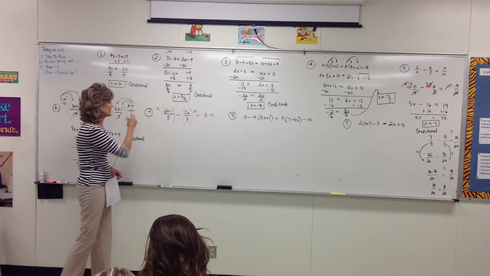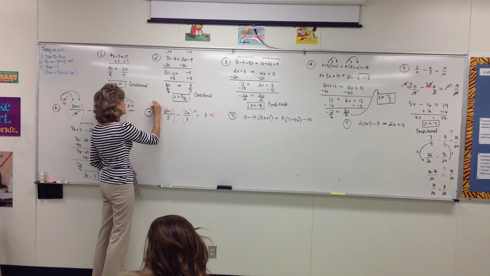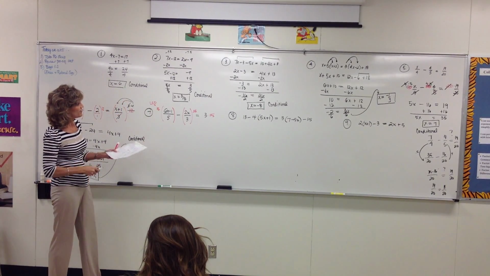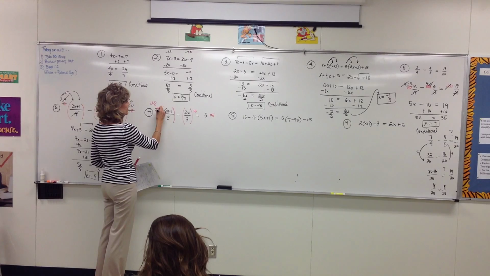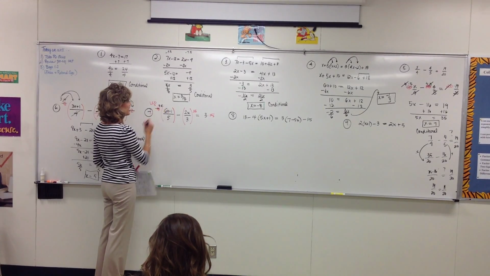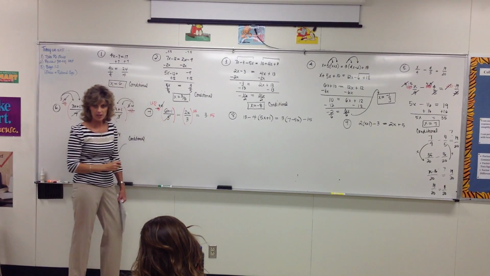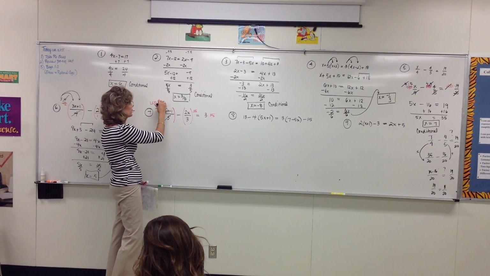I'm multiplying by the least common denominator. But instead of thinking of this as 15, I'm going to think of it as 3 times 5. Because now I have 5 on top and 5 on bottom, and all I have to distribute is 3.